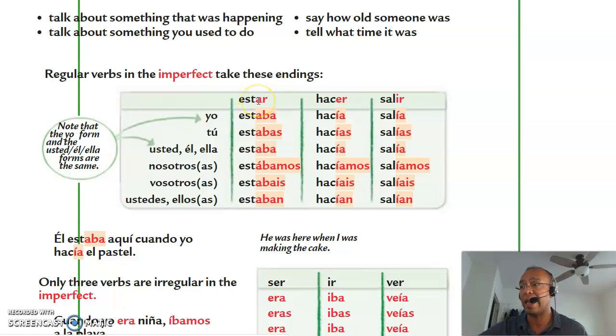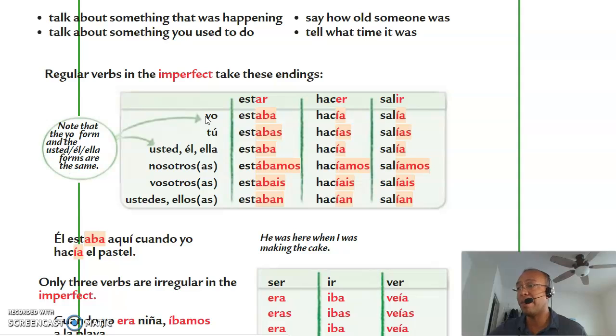Notice that the AR right here, you will have to eliminate to conjugate it based on who's doing the action. Hacer, an ER verb, is to do. The ER goes away. That's the ending. And you put the ending that belongs to the person who's doing the action. Salir is an IR verb. Same thing. You get rid of IR, which is the ending, and you put the correct ending for each person that is completing this action.